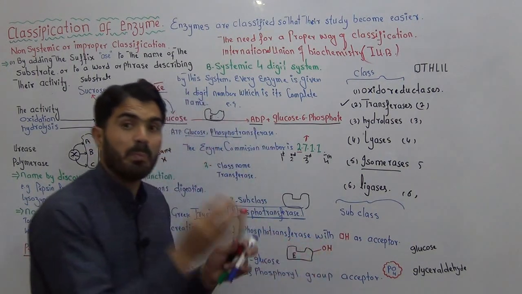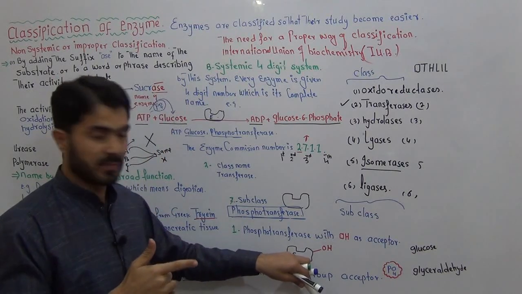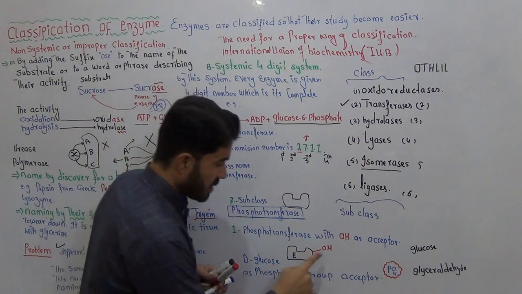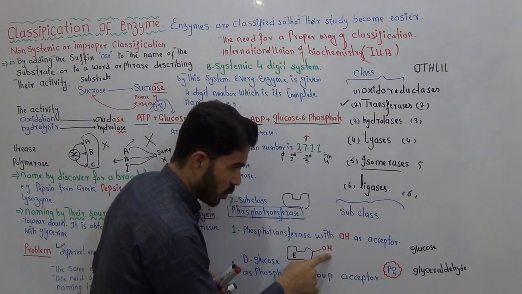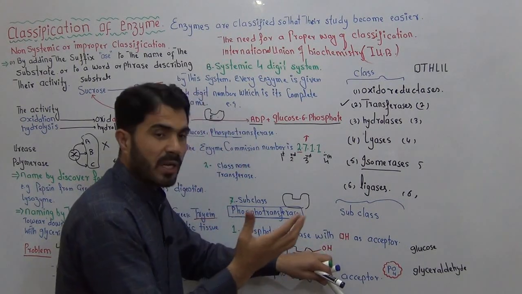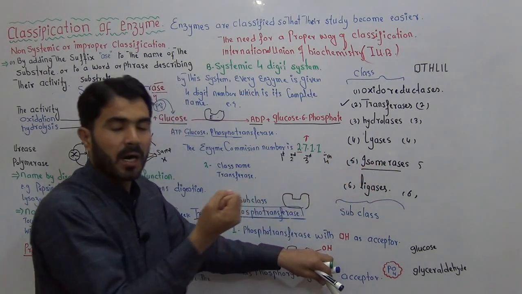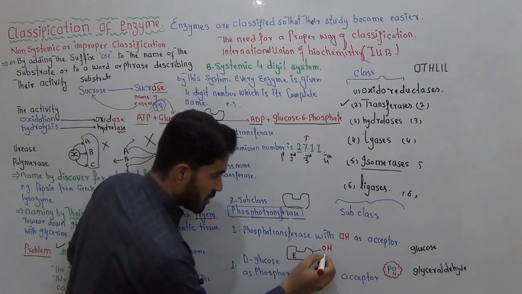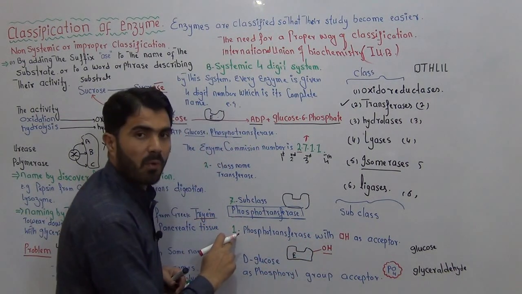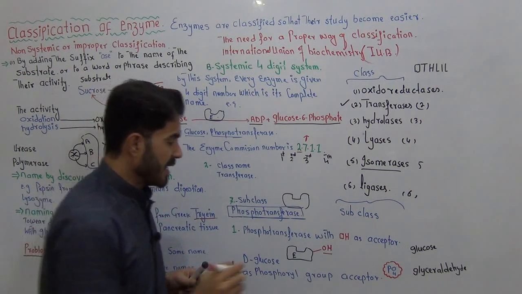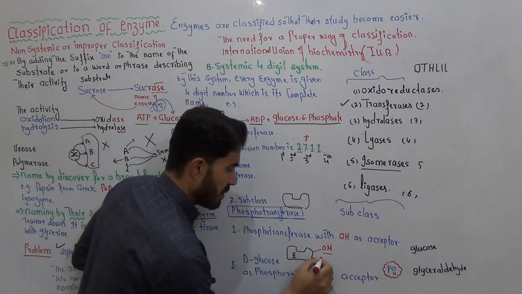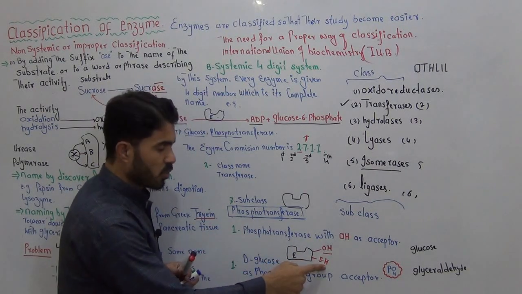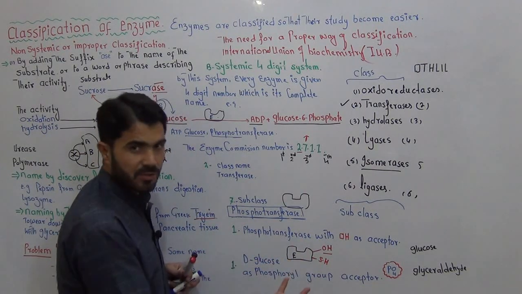This OH group belongs to the enzyme, and because of this OH group, it will accept the phosphate group from the ATP. So because of this OH group, we give the name 1. Look, at the surface of the enzyme, maybe an SH group comes. If the SH group comes, then the number will also change.